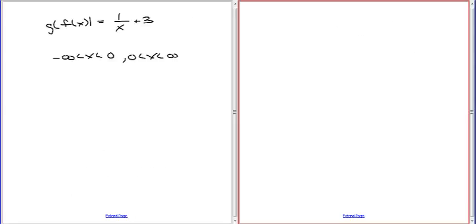Here's the last one of the group, 46. So you have f of x equals 3 over x squared minus 1. G of x equals x plus 1. So the second one's easy. That's a linear expression. It's all real numbers.